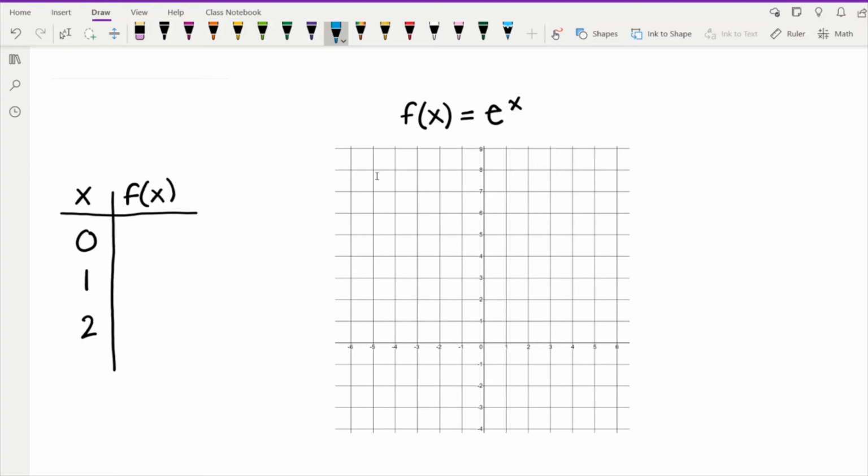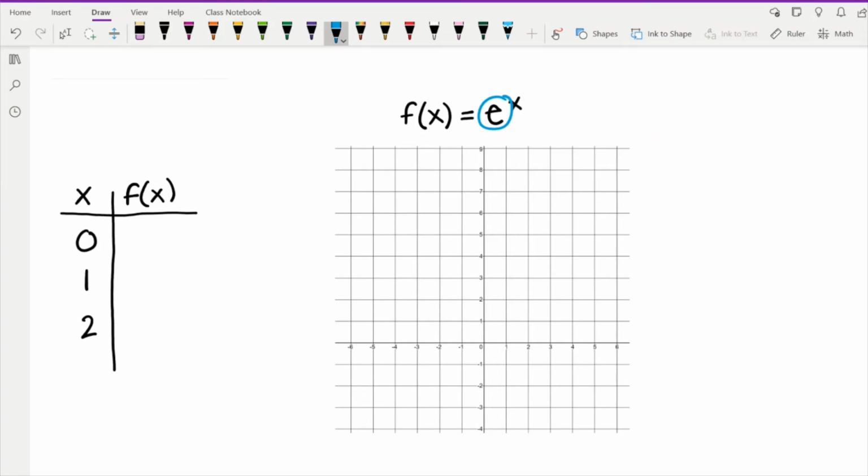They're either going to look like this, or they're going to look like this. Those are the only two options. How do we decide which way it looks? It just depends on the base, whether the base is bigger than 1 or less than 1.